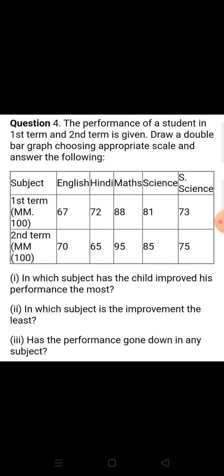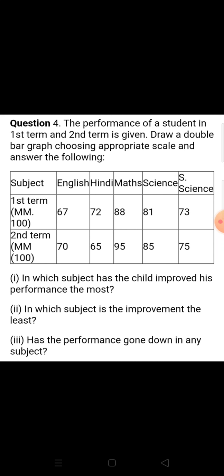Now again we give a space. Now we will make the bar graph of maths. So maths marks are 88 and 95. So green till 88 and pink till 95. This is the bar graph of maths. Again we'll give a space. Now next is science, 81 and 85.